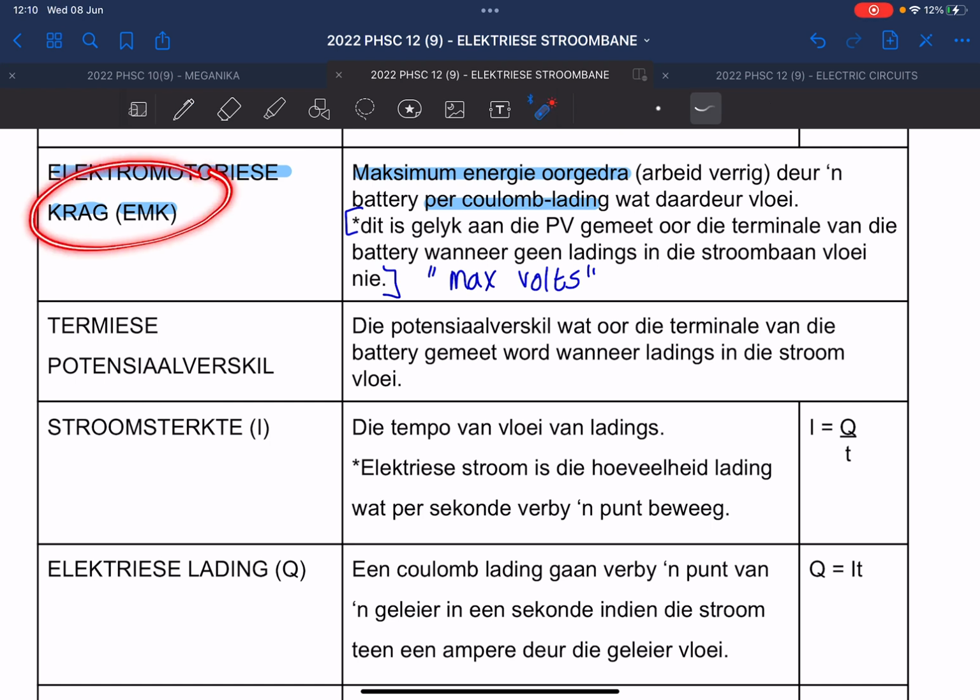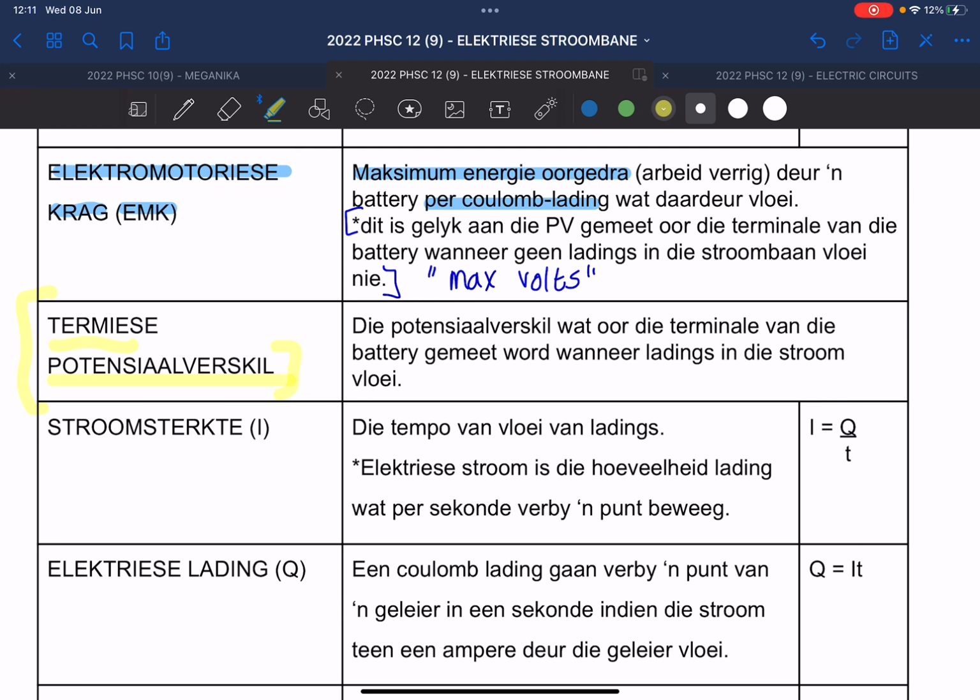So EMK, EMF is your maximum volts, your maximum amount of sandwiches that you have. Right. Then we have something called terminal potential difference. Nie iets wat hulle so baie vra nie.